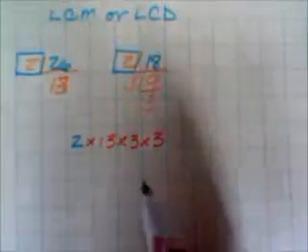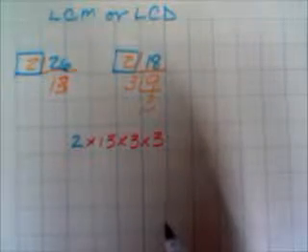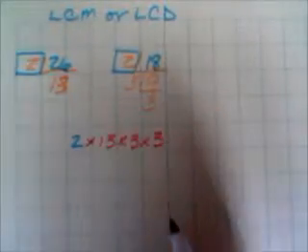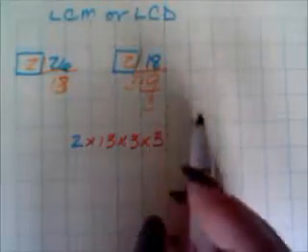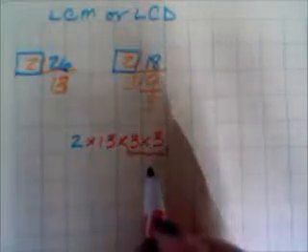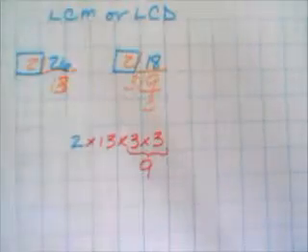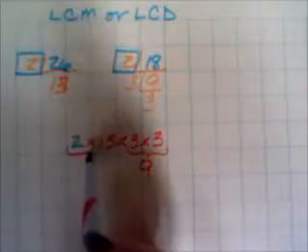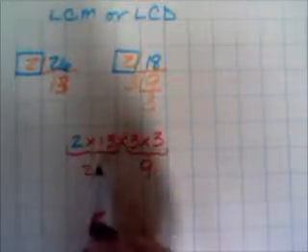Now I'm going to multiply all of these numbers together. It doesn't matter which order I multiply these in. So 3 times 3 is 9. And over here, 2 times 13 is 26.